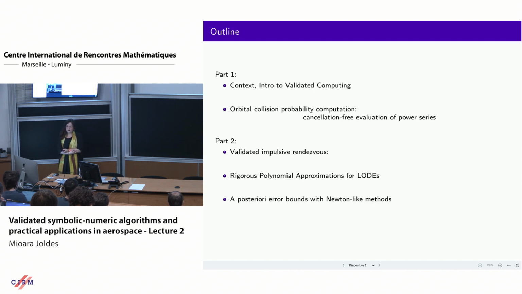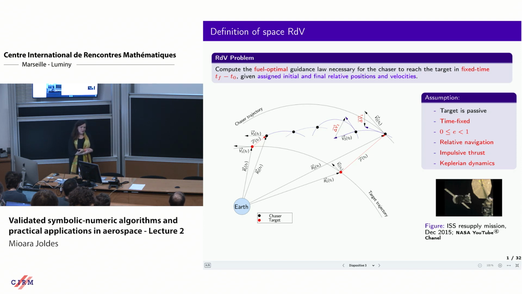So just to have an ongoing example for our problem, I will define a little bit what the space rendezvous is. In its control, we try to design a fuel optimal guidance law.